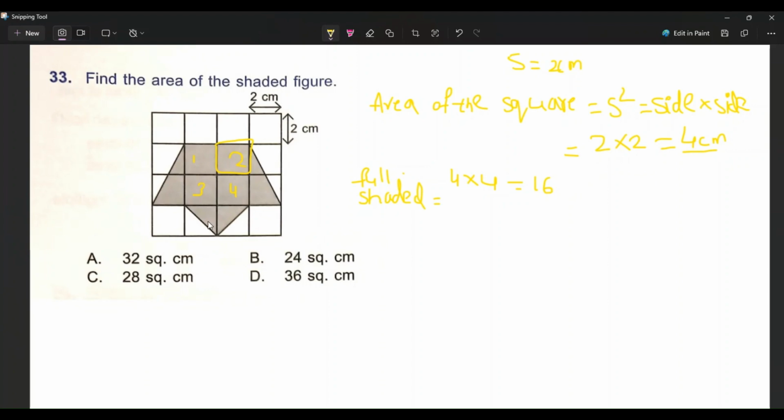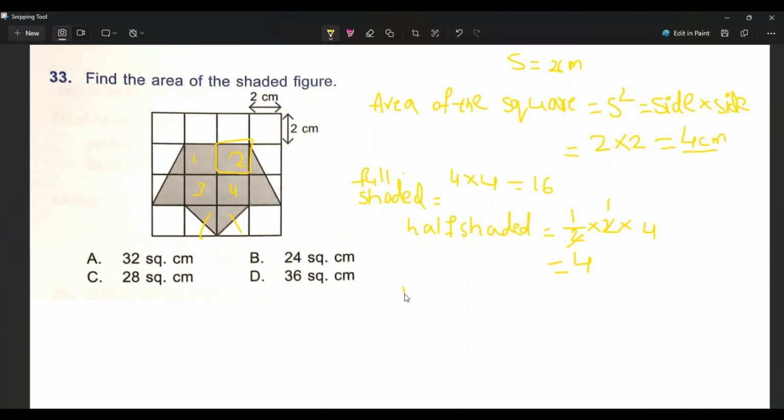Now let's find out for half shaded. How many half shaded are there? First count, children. 1, 2. So 2 half shaded are there. Half into 2 half shaded into 4. 2 ones are 2. So 1 into 4 is equal to 4, children.